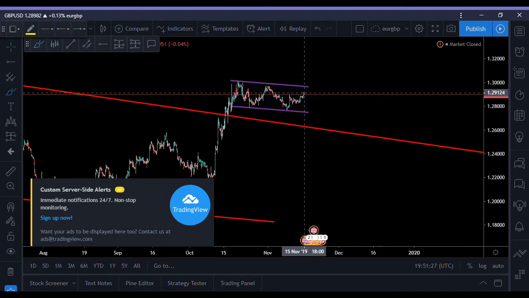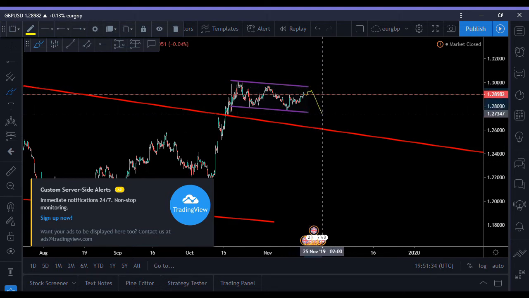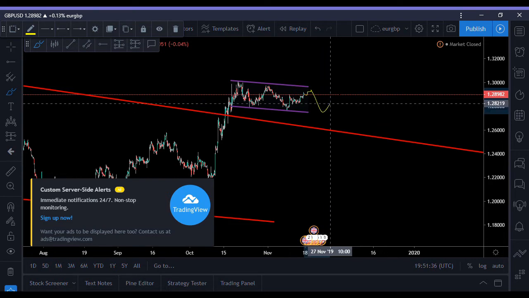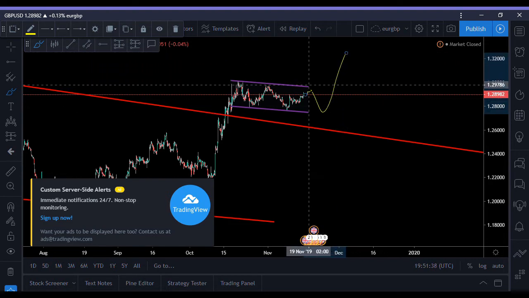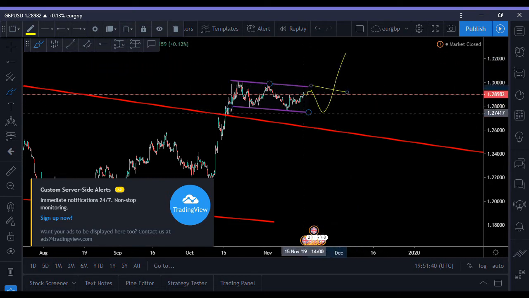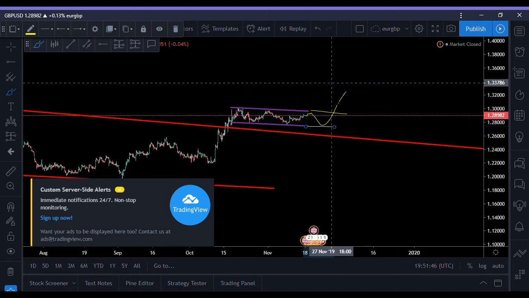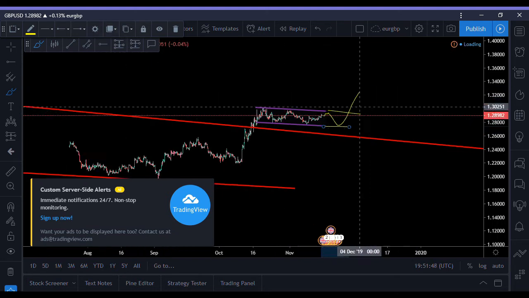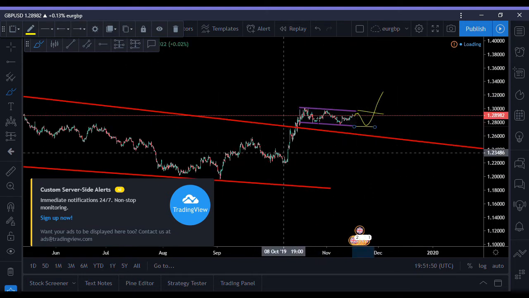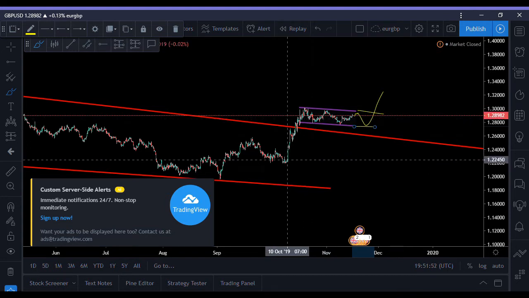If price is gonna move pretty much like this, test here, then come back to this purple support, then I can only take my position from this area. So for now, I can wait for price to come back to the downside, then wait for the bigger move to the upside. I'm gonna treat this as a flag.